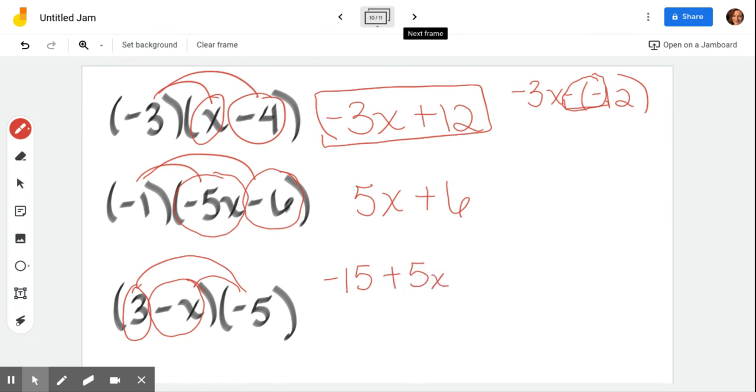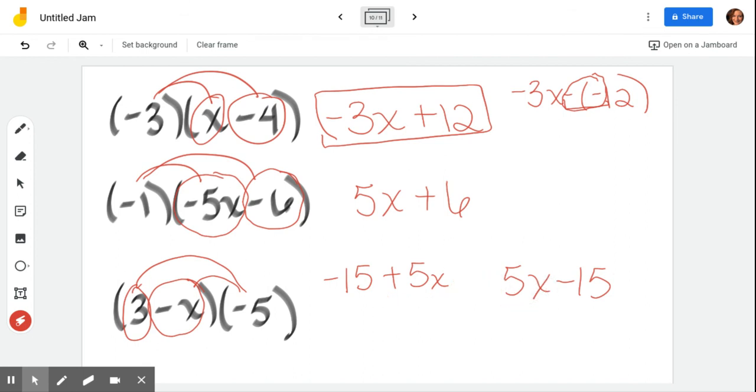If you had gone in the other direction, -5 times -X is a positive 5X. -5 times 3 is a -15. And see, no matter which way I write it, I still had a negative sign that stayed with my 15. And my 5X was still a positive.